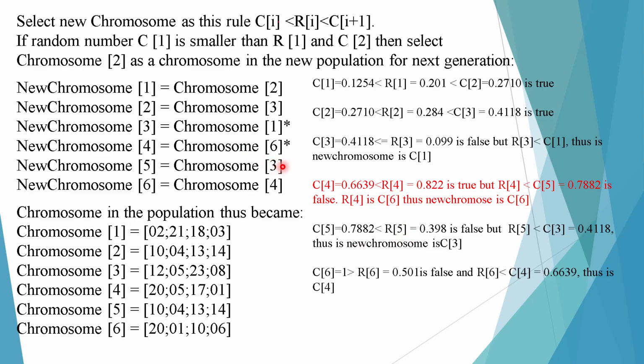And then the last case, chromosome 6. C6 is 1, which is greater than R6, so C6 less than R6 is false. And we know that R6 is 0.501.